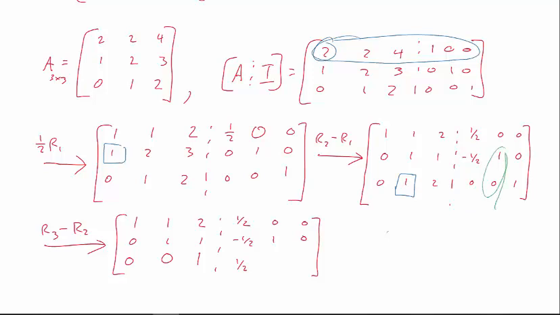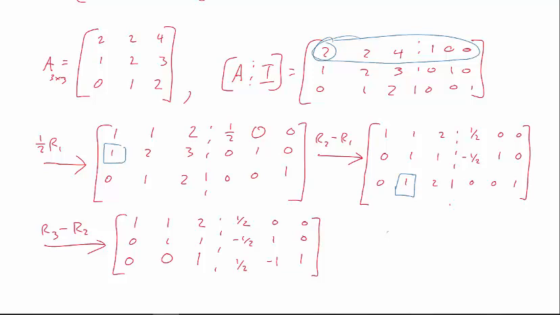Right here. 0 minus 1, so negative 1. And then the last one, 1 minus 0, so it's 1. So note that we almost have the identity matrix.